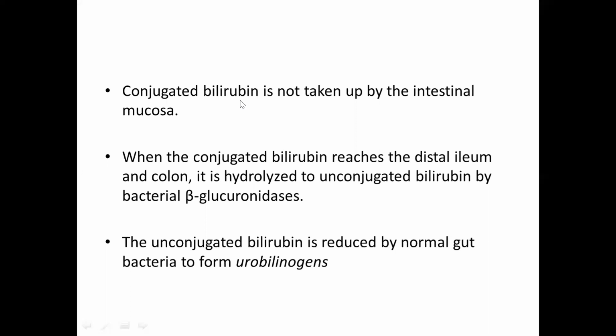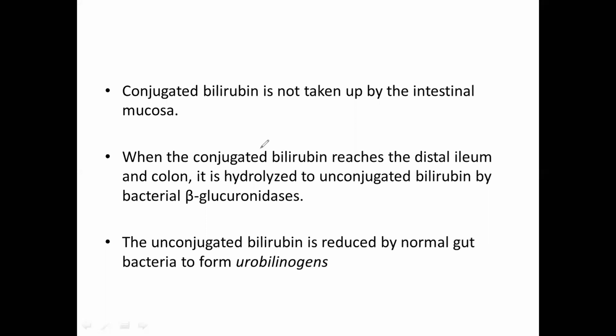Now what happens after that? Till now we have seen that after conjugation of bilirubin, it was excreted into the bile ducts, into the duodenum, and was passing unchanged through the proximal small bowel. This conjugated bilirubin is not taken up by the intestinal mucosa.